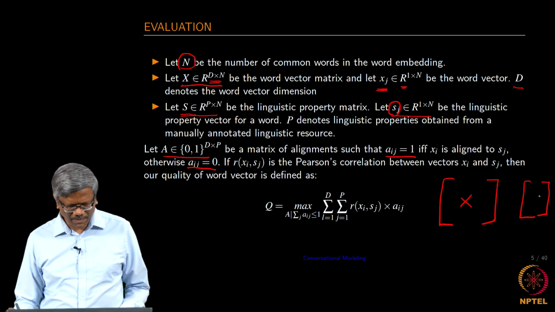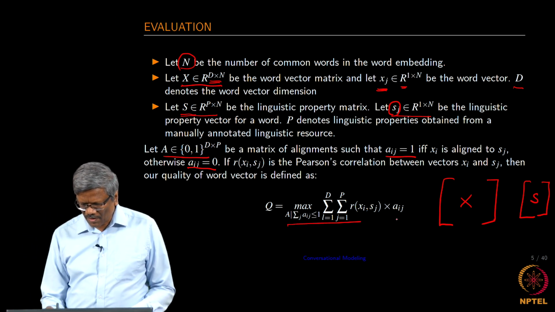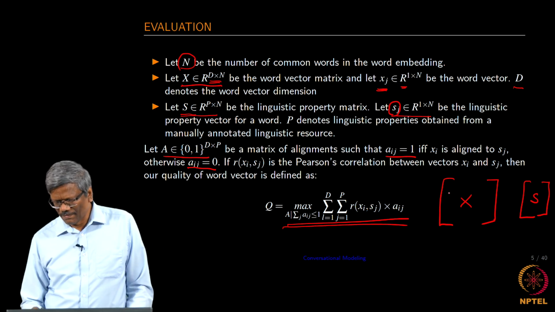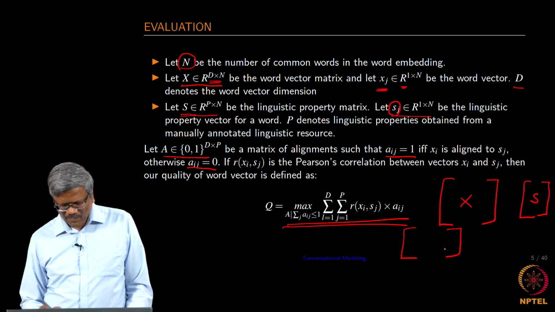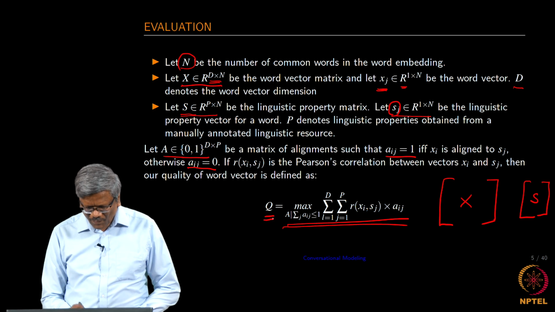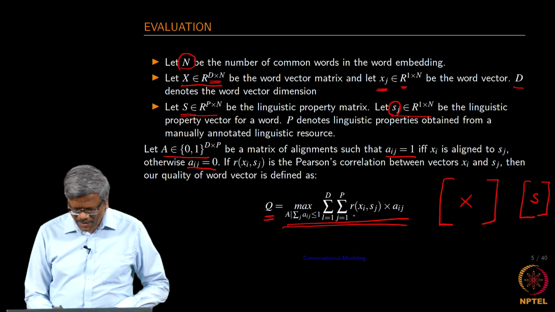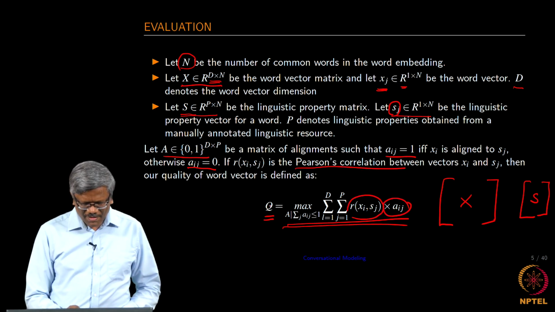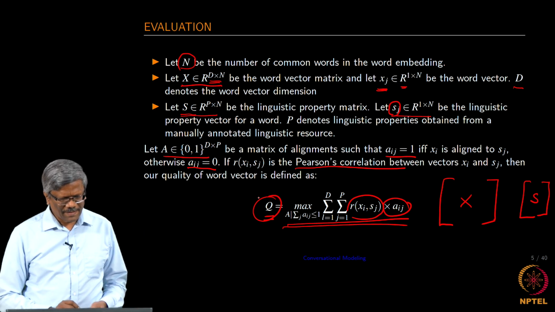When you do this correlation operation across each word in x as well as in the linguist set, you get a matrix of this type. You try to find the value q using the correlation and the alignment that you have. This is the score that you want to achieve for the evaluation.